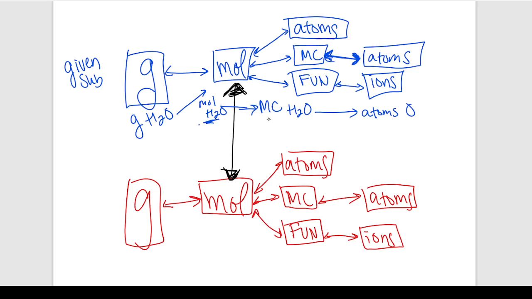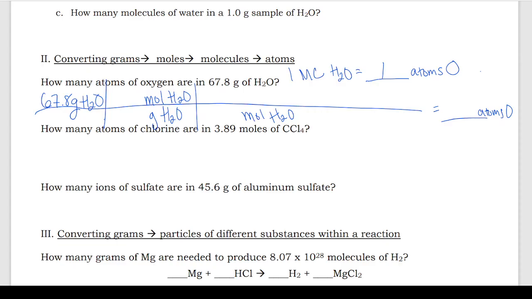I can break this down into how many molecules of H2O and then go from molecules into atoms, which is what the question is asking me for. So I can go from moles into what? Molecules of H2O.